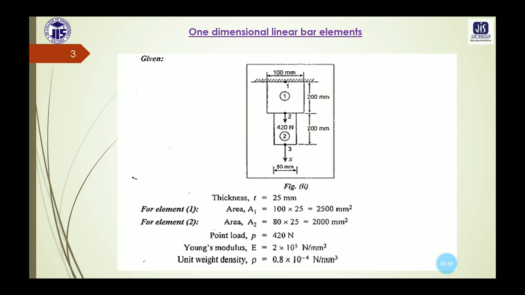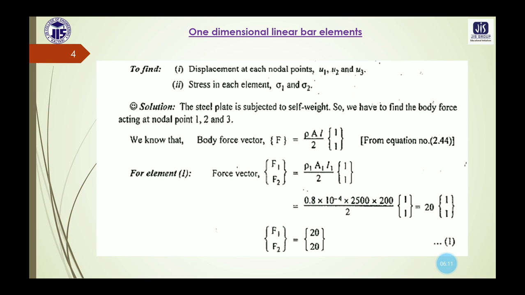The unit weight density rho equals 0.8 into 10 to the power minus 4 Newton per millimeter cube. So these are the things which are given in the numerical, and we have written those first. Now we need to find the displacement at each nodal point, that means we need to find U1, U2 and U3. Then we need to find the stresses in each element, that means sigma 1 and sigma 2 for the two different elements that we have considered here.